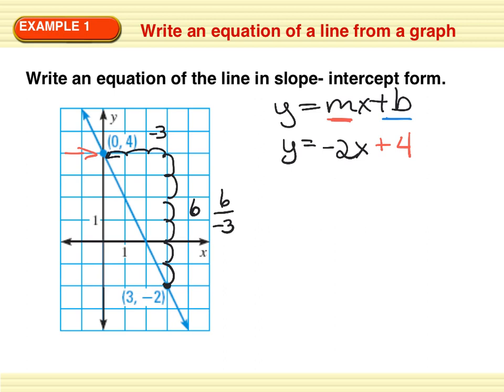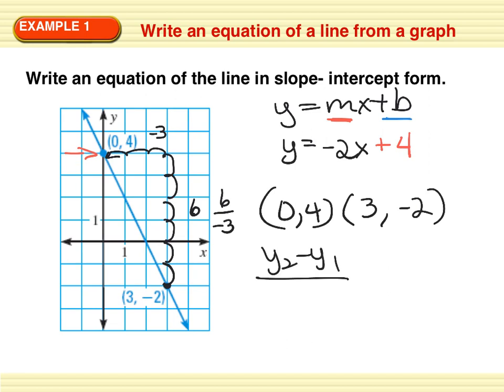Now, if you prefer to take the ordered pairs and then use the slope formula, y2 minus y1 over x2 minus x1, you can also calculate the slope without counting rise and run.